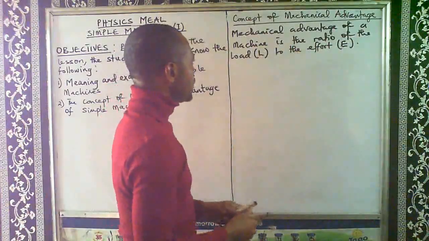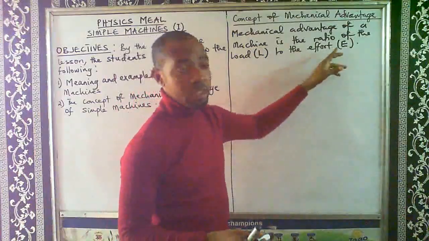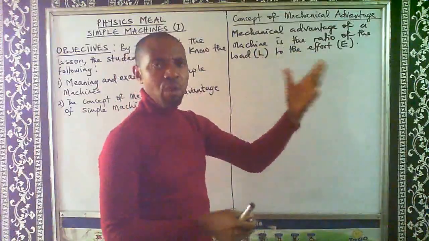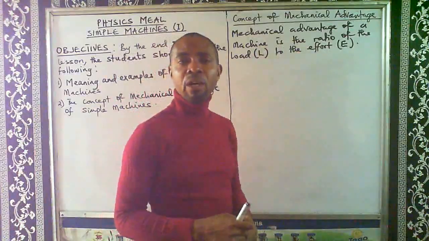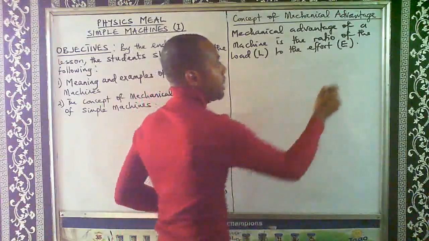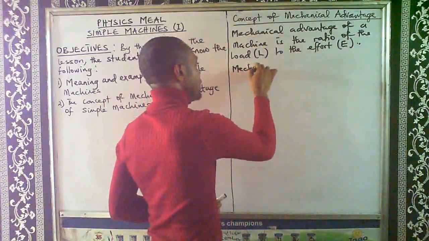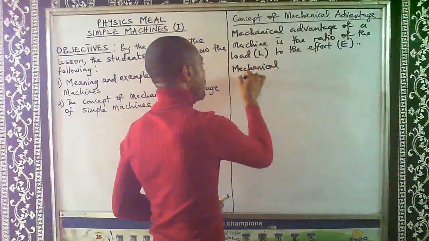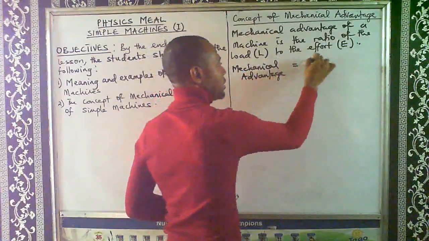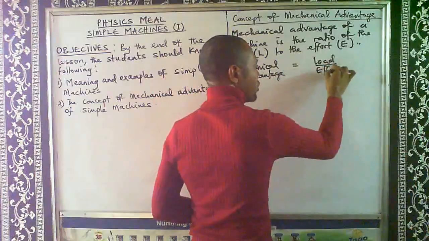So you now see that load is a force. Effort is also a force. So this is a ratio of two forces. And that's why we also call mechanical advantage the force ratio. All right. Now, what it means is that mechanical advantage is load over effort.